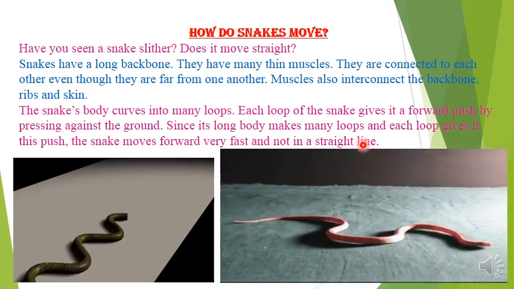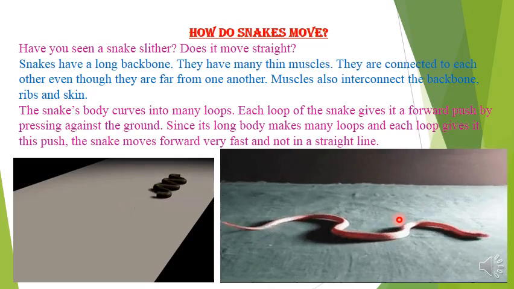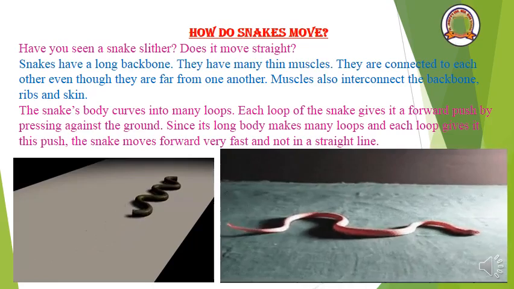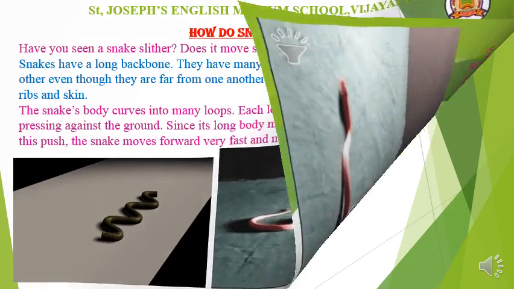If it moves in a straight line, it cannot move because it needs to make a loop and put pressure on the ground. This is about the movement in snakes.